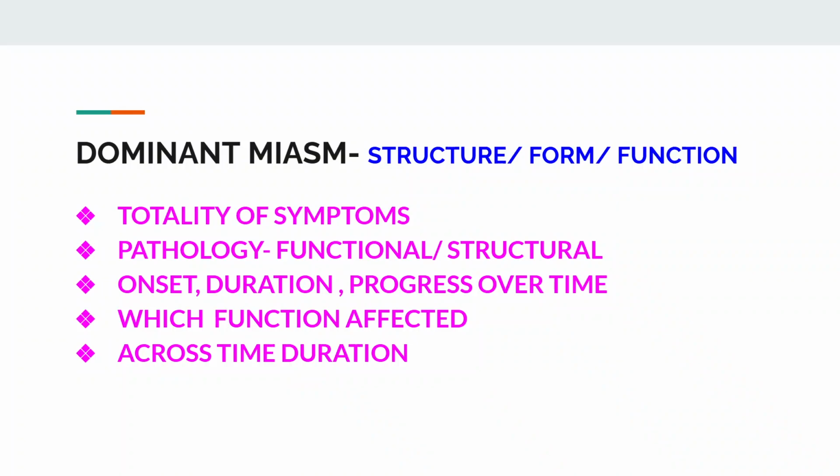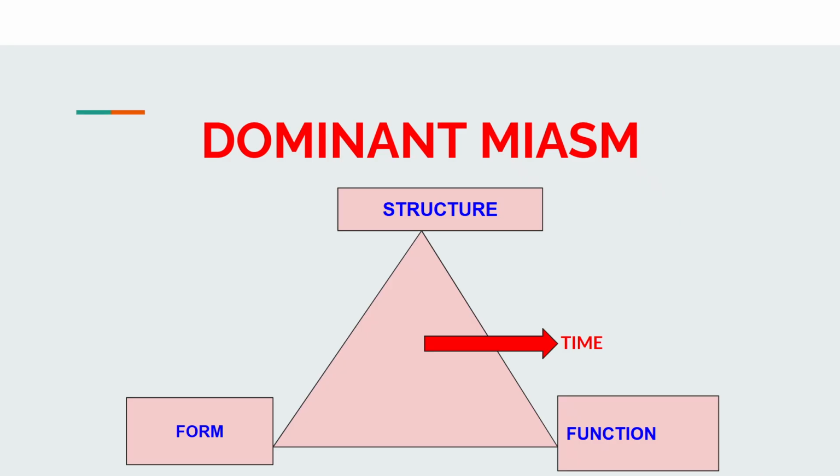By study of structure, that is the pathology affected, form, that is the totality of symptoms, and function affected, that is which system is affected and to what extent. This is how we study the structure, that is pathology, form, that is totality of symptoms, and function affected, say the respiratory system or the gastrointestinal system, and what is the extent of the system affected.